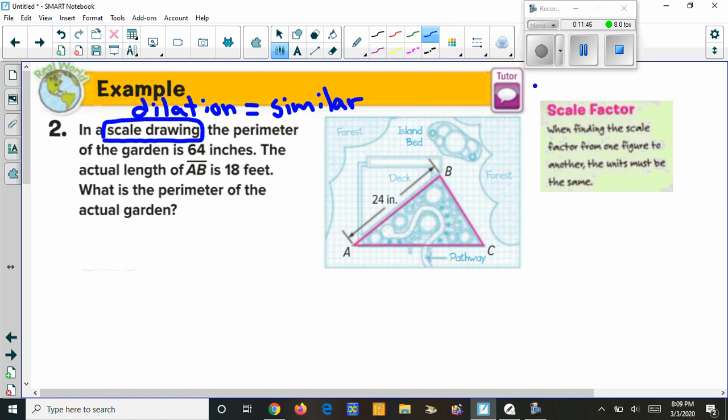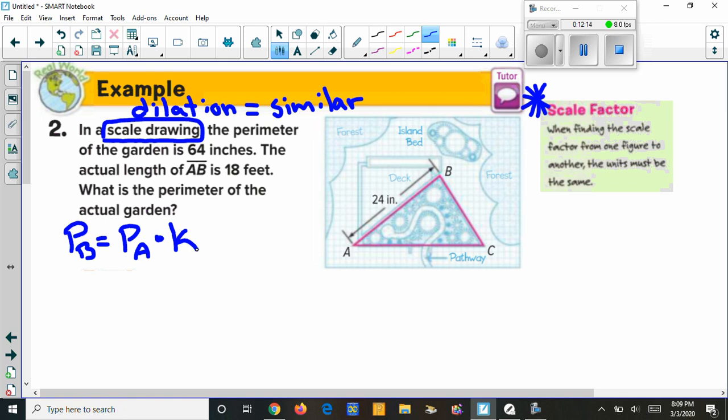One key thing to notice here on the side, when I go to find my scale factor, we need to have units that match. So we'll handle that when we get there. Since I'm talking about perimeter, perimeter of B is equal to perimeter of A times K.